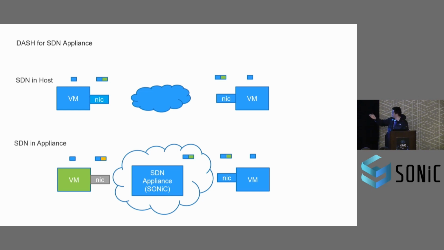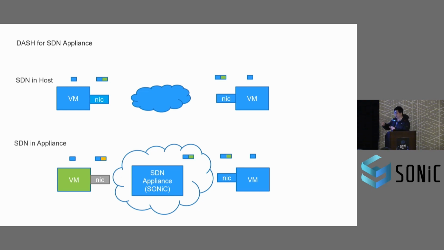If the VM wants to talk to the other VM on the right side, the NIC will just blindly know the SDN appliance IP address and do a simple encapsulation. In that NIC, there's no stateful transformation for the VM packet. It will just do a stateless encapsulation and send this packet to the appliance.